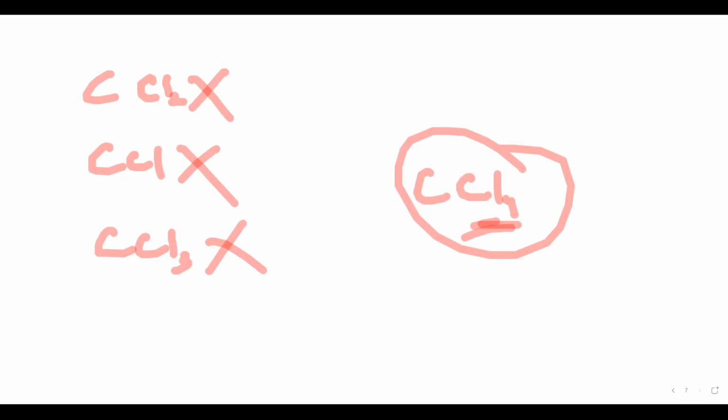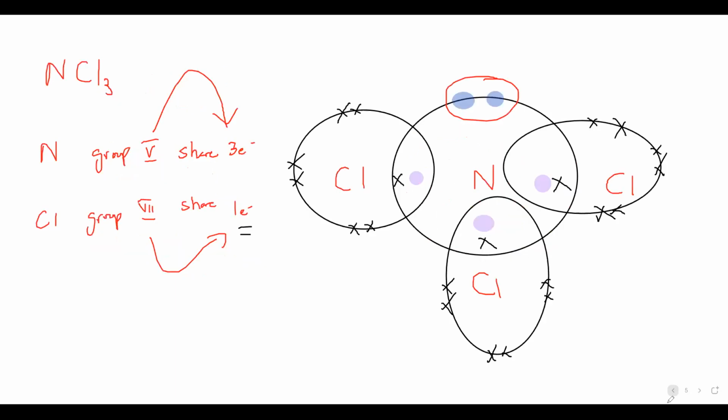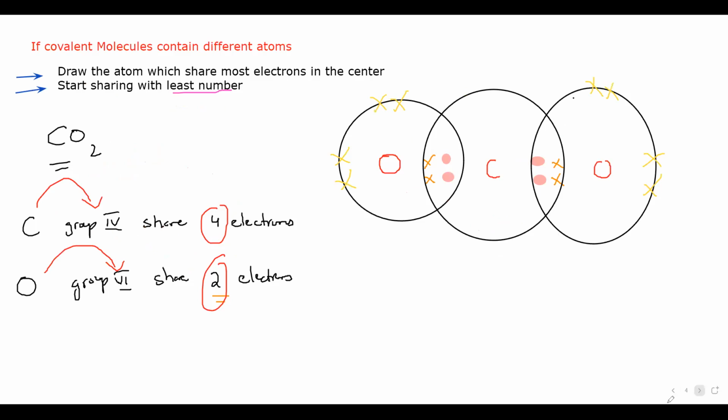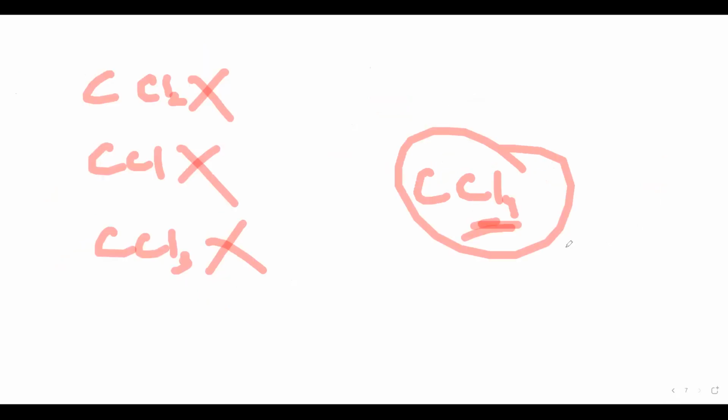Is the concept of covalent bonding and structures clear? You will not find an example in which electrons are more or less. It will be the same number.